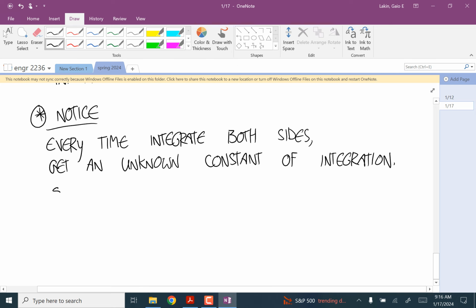And you're going to have to solve for that using what are called boundary conditions.